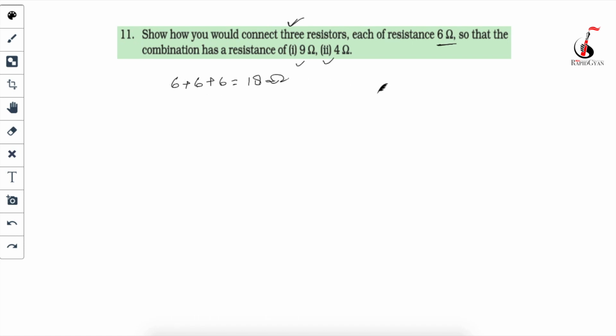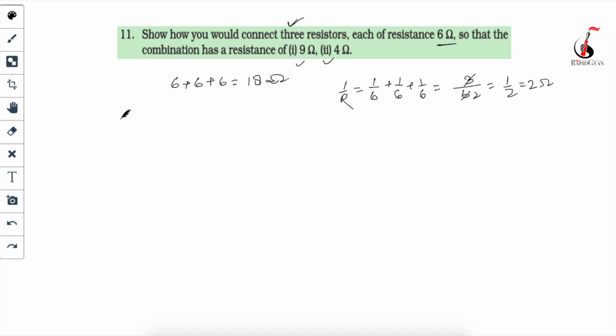Now let me try to connect them in parallel. So 1 by 6 plus 1 by 6 plus 1 by 6 is 3 by 6, which is 1 by 2, and then I will take the reciprocal because this is 1 by R. In order to get R, I do the reciprocal, so I get 2 ohm. Again, 2 ohm does not satisfy my condition. It means if all 3 resistors are connected either in parallel or in series, I am not getting my answer.